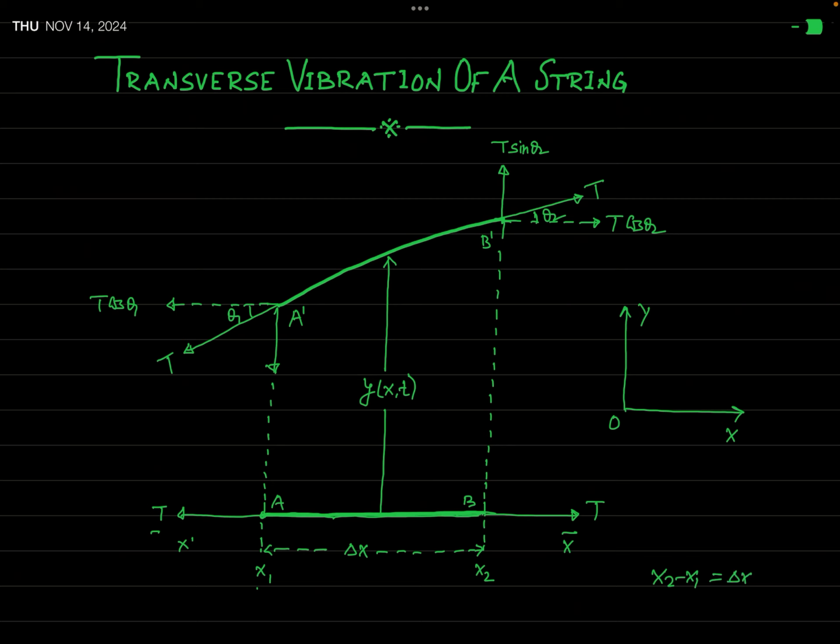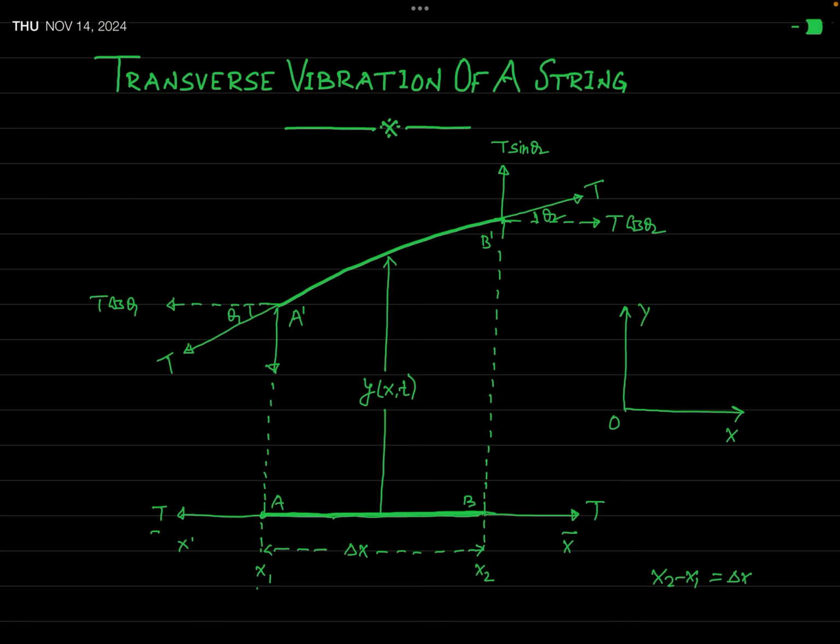Actually, when no disturbing force, no perturbing force has been applied on the string, then it lies along the x-axis. Now let us consider that this segment of the string is plucked by applying a transverse force, that is, a force is applied in the y direction, since the string is lying in the x direction.